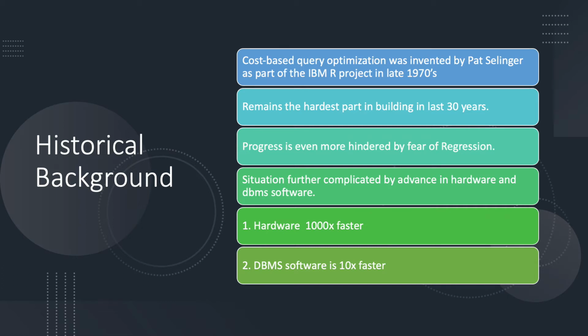Query optimization was the hardest part of building a database management system in the last 30 years. Progress was difficult, but later became feasible because of fast hardware and fast database management system software.